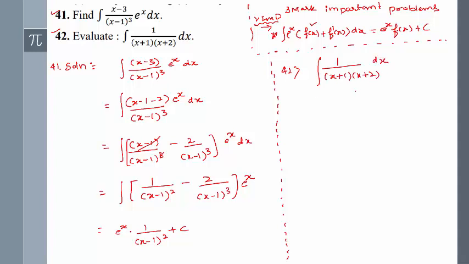So my dear students, here you can go with partial fractions, no problem. But I will solve it with an easy method by adjusting the terms, that is x plus 2, x plus 1 divided by x plus 1 into x plus 2 with respect to dx. I will adjust the minus sign here.